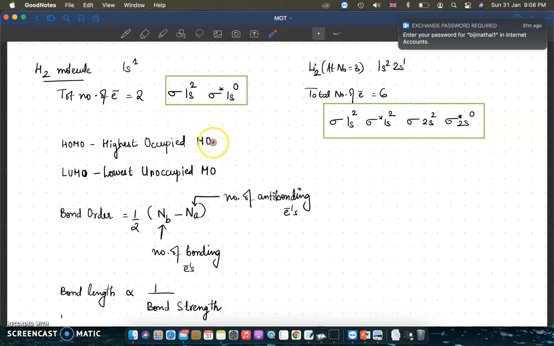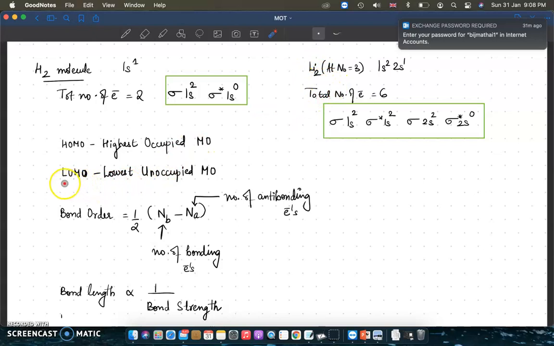That means when you write the electronic configuration, the highest energy orbital which accommodates electrons is called the highest occupied molecular orbital. Now if you see in lithium, the highest occupied molecular orbital is sigma 2s. So sigma 2s is the highest occupied molecular orbital in the case of Li2.